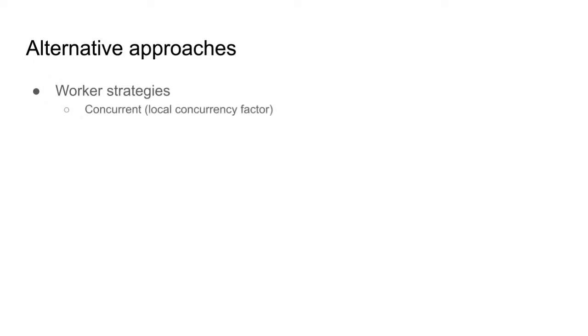We have the worker strategies that we can do concurrently with the local concurrency factor. It's good for I/O. It will use the same process and the same thread, but we can do it sandboxed. That's what BullMQ calls this kind of worker: sandboxed workers.